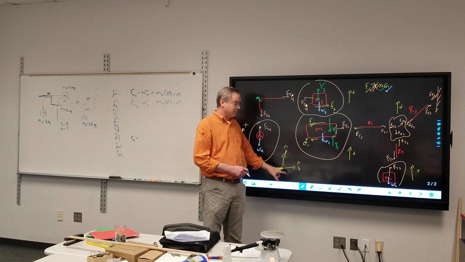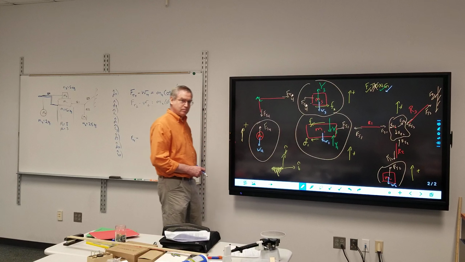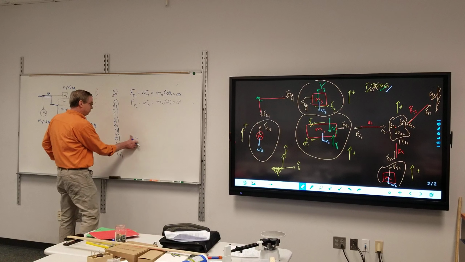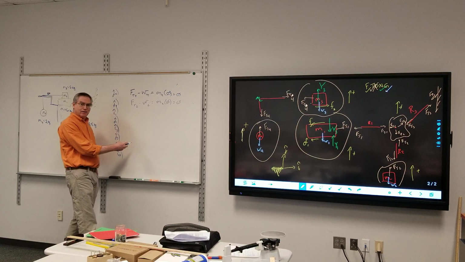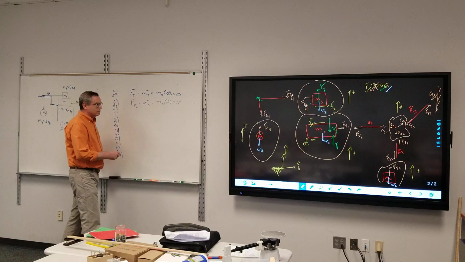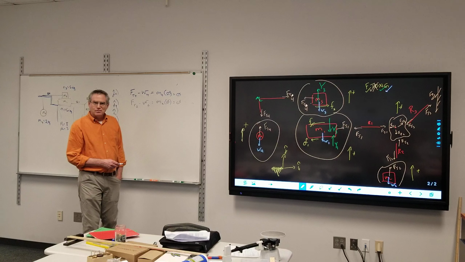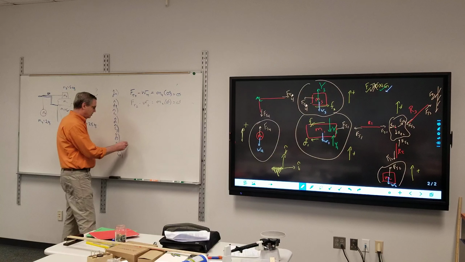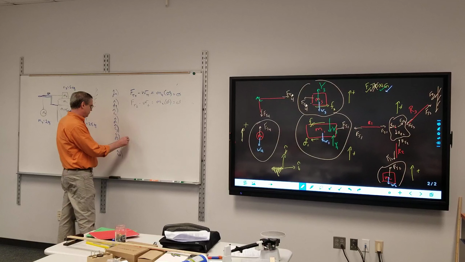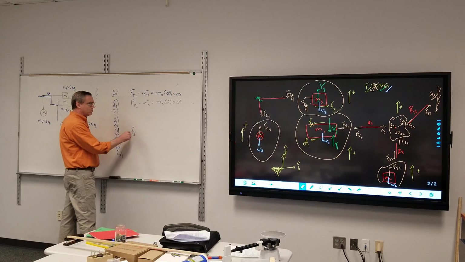Positive direction is to the right. So it'll be plus, because it's to the right? Yep. So F3 plus FT4. Which way is FT4 going?